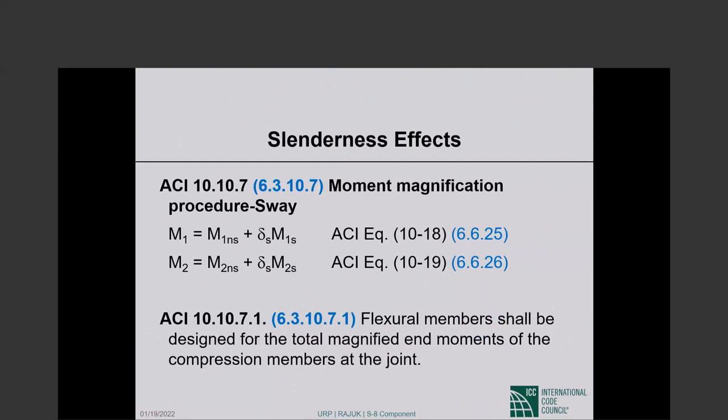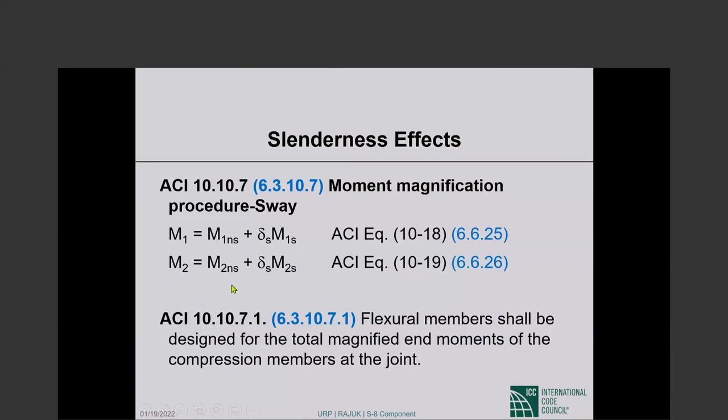Okay. Now we go to 10.7. This is sway columns or stories. Okay. So the M sub 1 now is M sub 1 non-sway plus M sub 1 sway multiplied by a sway multiplier.